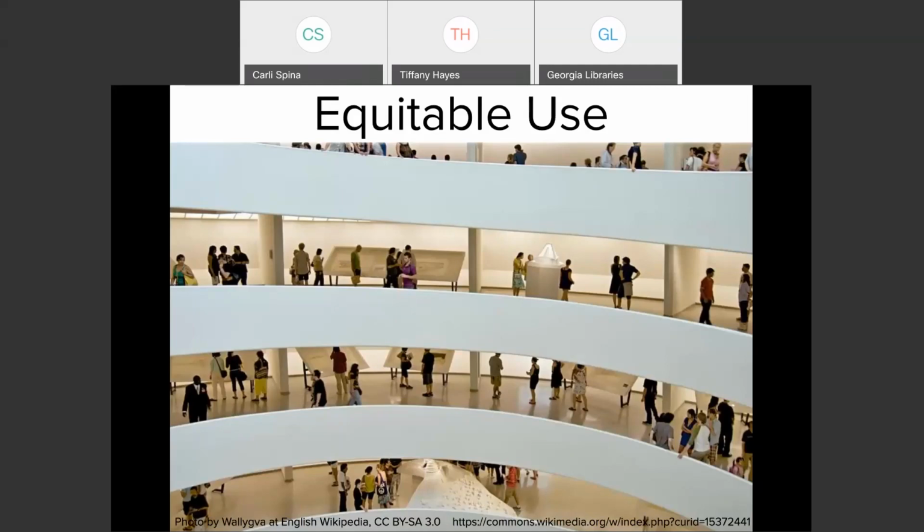But the vast majority of people use a single ramp, and the artwork is displayed on the sides of the ramp. And this means that no matter whether you can do stairs or not, you can not only see all of the museum, but you can in fact be together with all the other museum patrons without having to go and find a separate elevator that's intended specifically for your use.